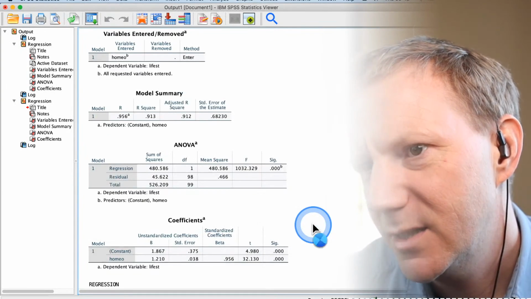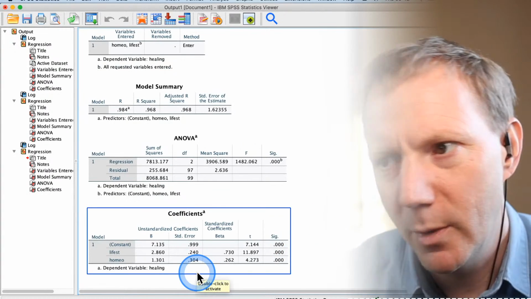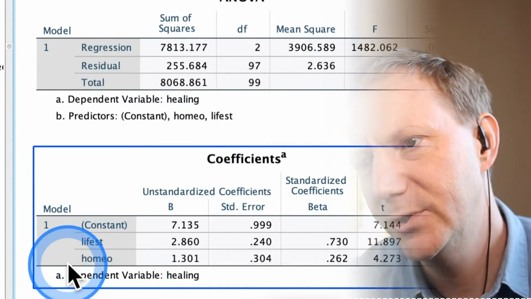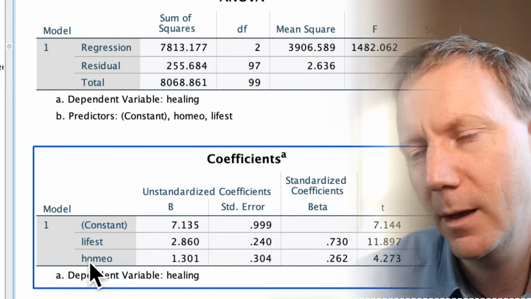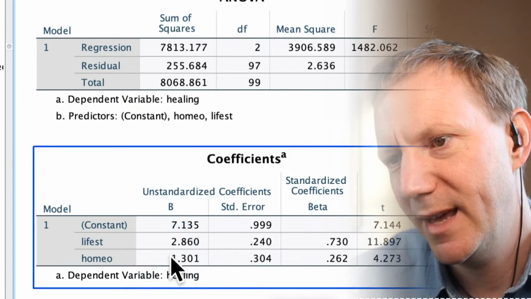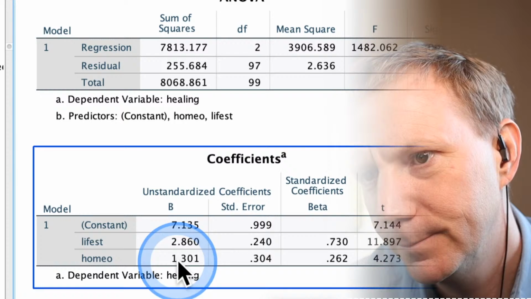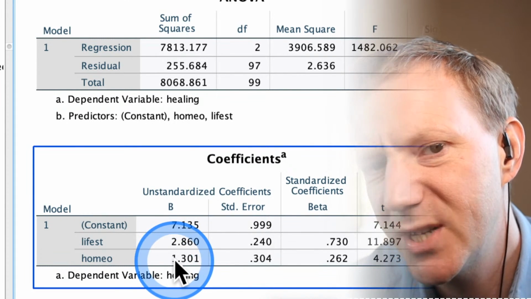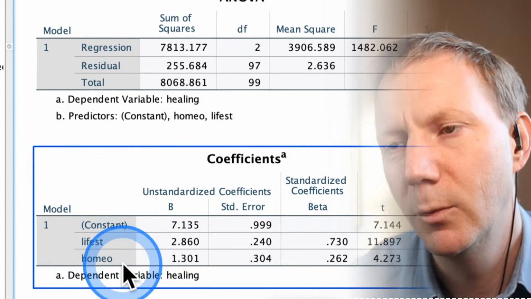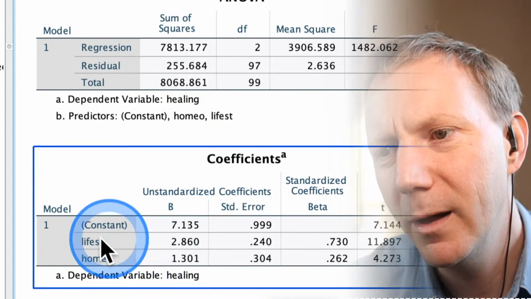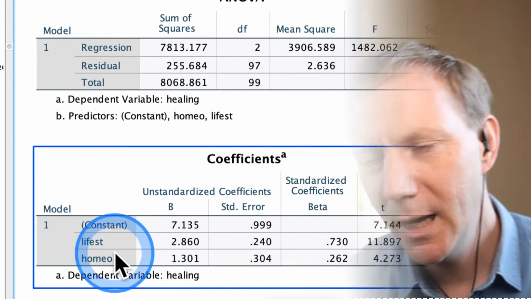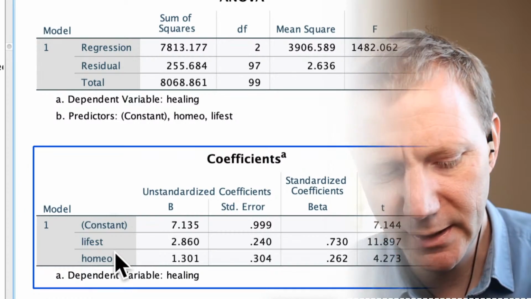So if we run this model, we will get a regression model which has both healthy lifestyle and homeopathic use as predictors for the speed of healing. As we've seen in last week's lecture, the beta coefficients that we find here represent the relation of this variable, homeopathic use, with the outcome variable, the speed of healing, while keeping the lifestyle constant, and vice versa. And we'll see this visually in a sense.